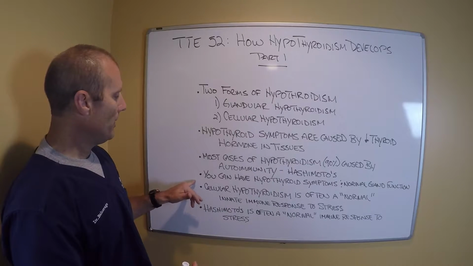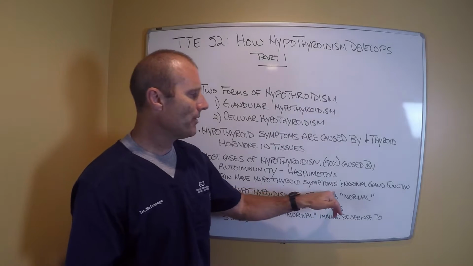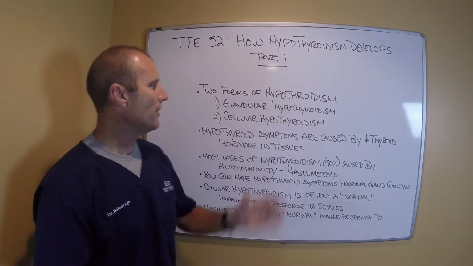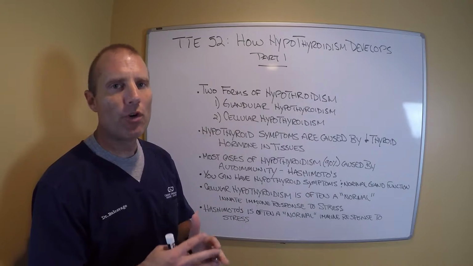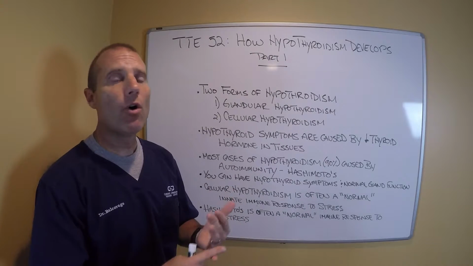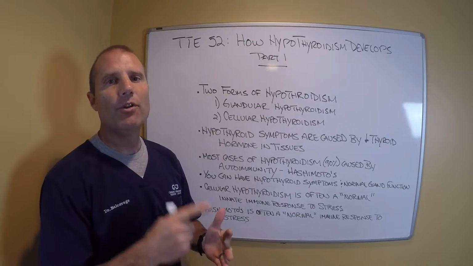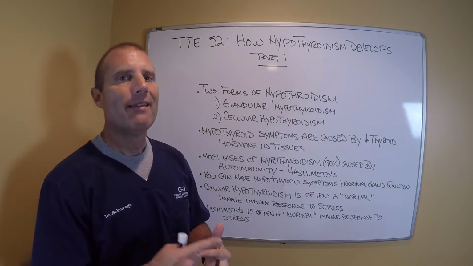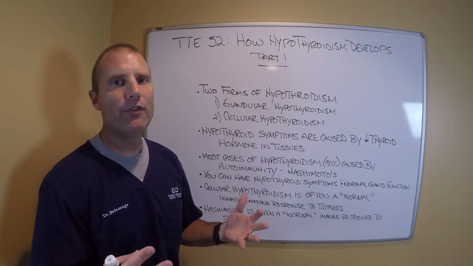The fourth point of this video is that you can have hypothyroid symptoms and normal gland function. I talked about that earlier, but you can definitely have normal glandular function. You can have no autoimmunity, the gland can pump out T4 and T3, but you can still have hypothyroid symptoms. This is where many conventional medical doctors get confused.